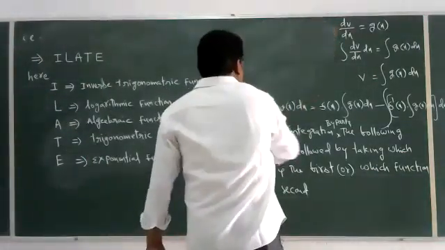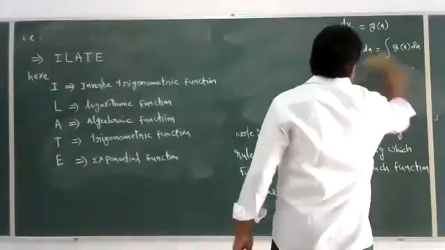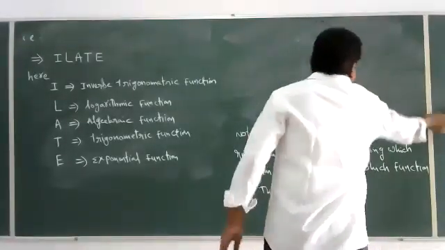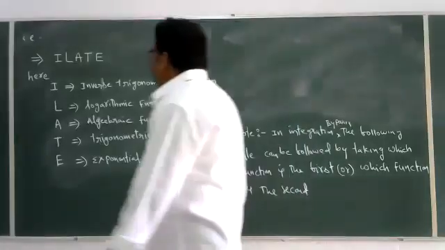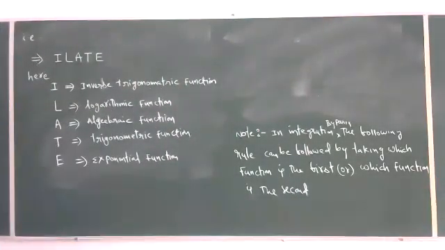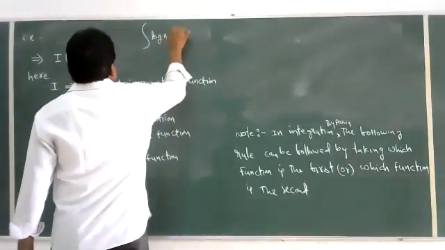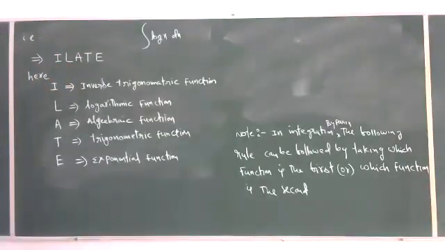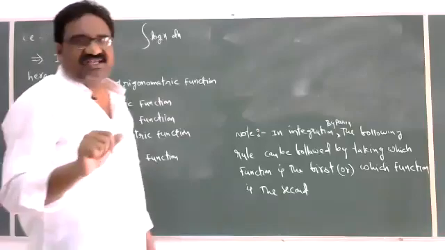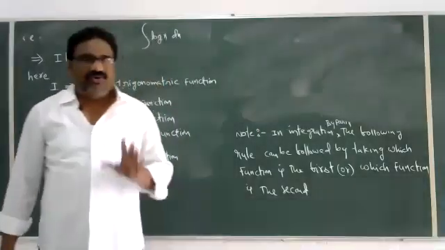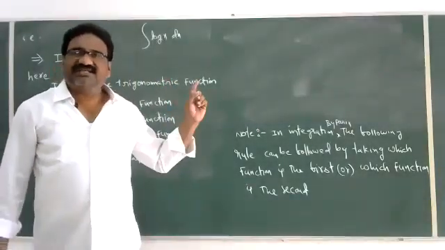So these are the preferences. By using this rule, the preference is given to which function is the first function in integration by parts. For example, if a problem is given, integration of log x dx, we don't know the formula for integration of log x. You know the formula integration of 1 by x is log x, but up to this time we don't know integration of log x.